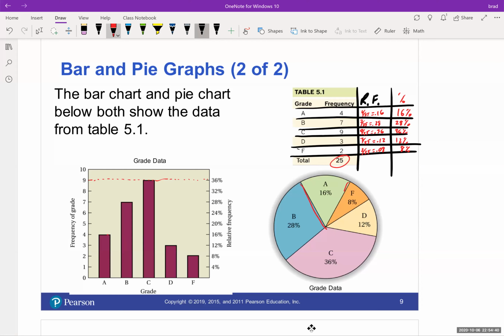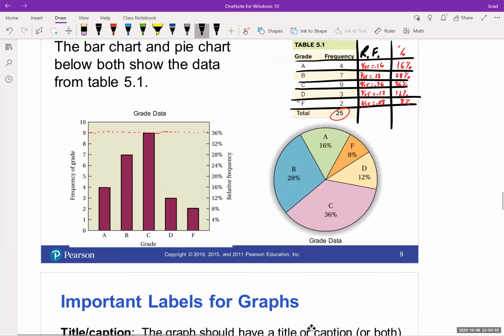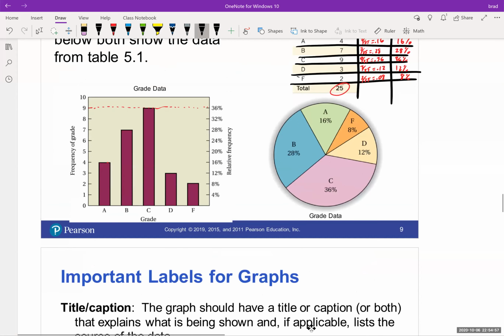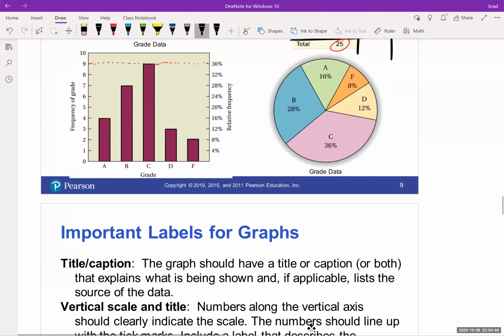So we have this, that looks about 16%, that looks about 28, and that's all they do. It's just kind of hard to cut it up yourself without some kind of graphic or a template. But hopefully you guys can see how these are designed. It's not too bad. Those are probably two of the most common graphs that most people are very familiar with.